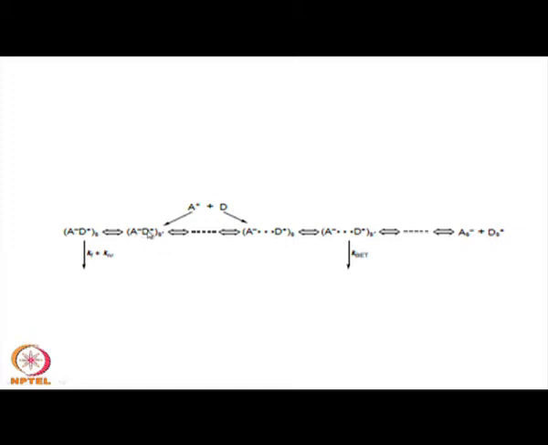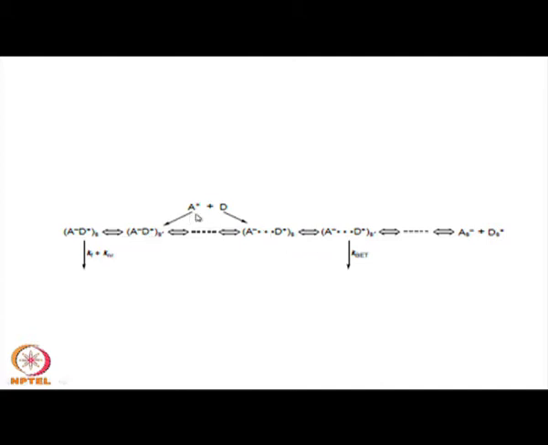The acceptor minus D plus has a subscript of S primed, and also acceptor minus D plus has a subscript of S. The point is S means it is with one solvent configuration, that is, a particular solvent cage containing a particular solvent configuration in which this A minus D plus is situated, and here it is another solvent configuration. So, in principle these two are different sublevels of this exciplex.